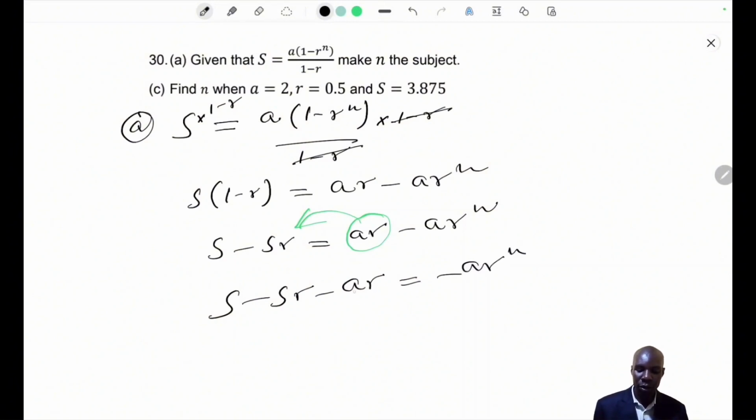Like that. So what are we going to have now?